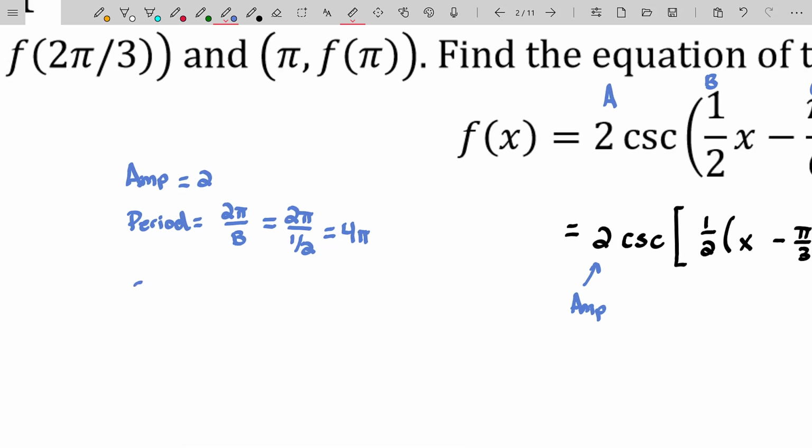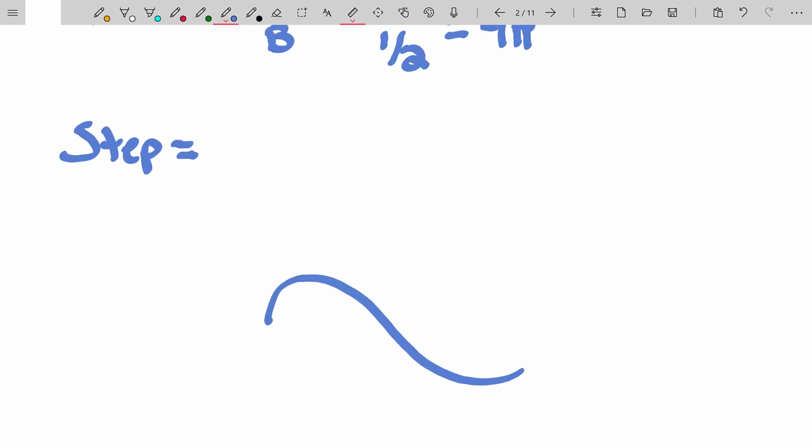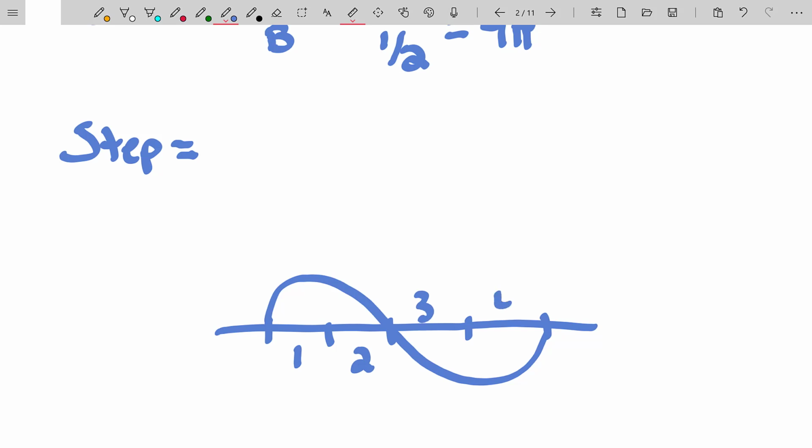And then we worry about a step size. If you never learned it this way, I recommend that you watch my videos on graphing trigonometric functions, because it is a better way to graph trig functions: worry about the amplitude, the period, and then the step size. That basically dices up the period of your function. Remember, we're dealing with a sine curve here. You're dicing that up into 4 sections, but 5 edges.